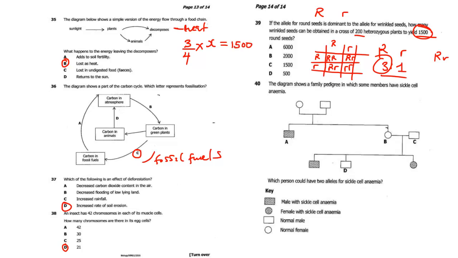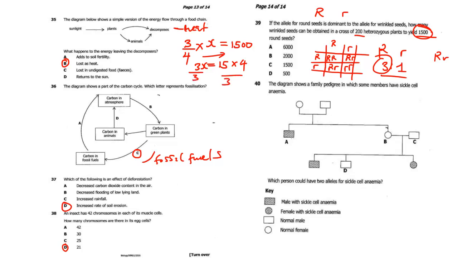That is how they found 1500, by multiplying the total by the ratio.